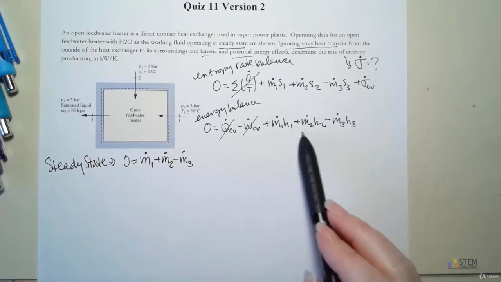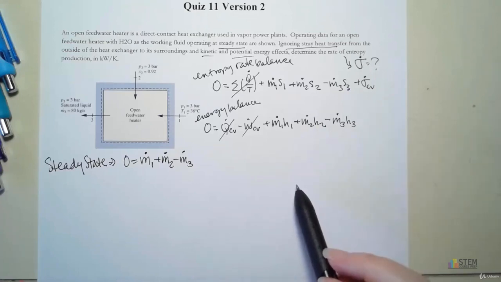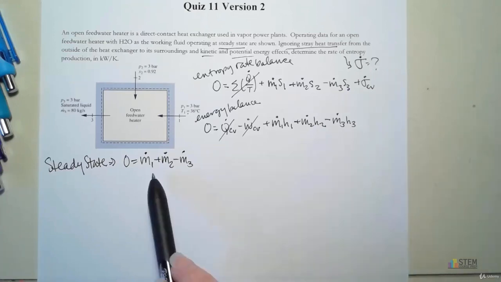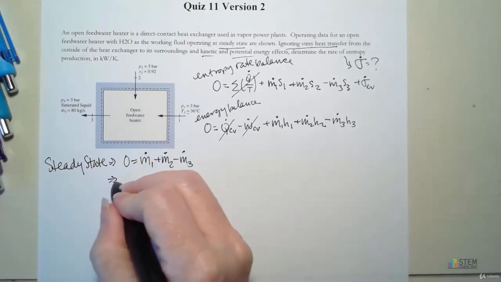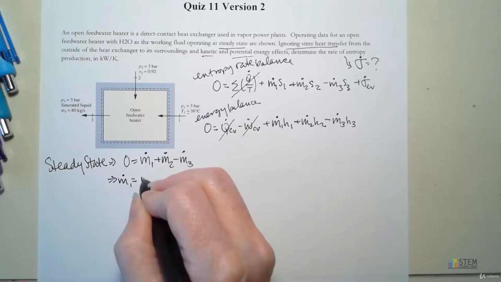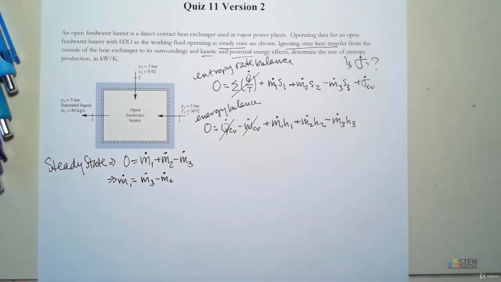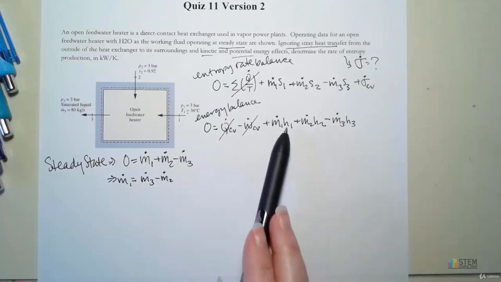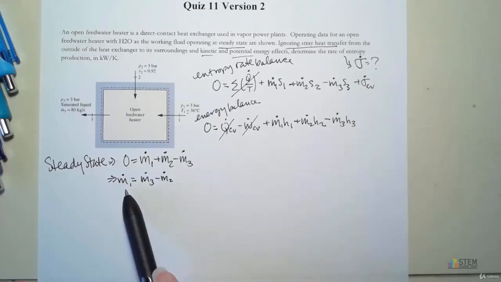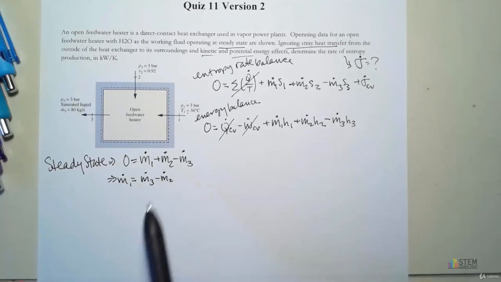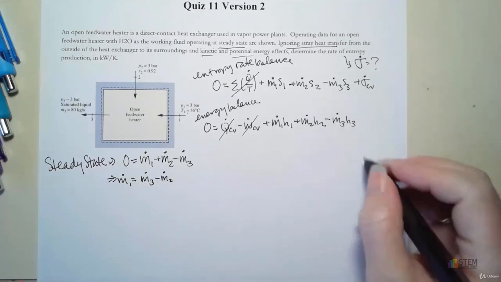Now, looking at this, let's solve this for m1 dot. m1 dot then is going to be m3 dot minus m2 dot. Now with this, let's plug it into here. So that allowed us to get rid of one variable here.